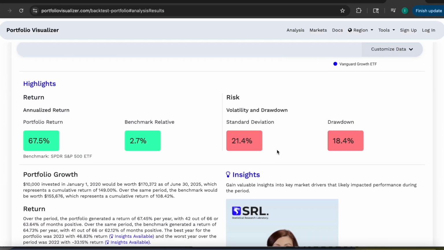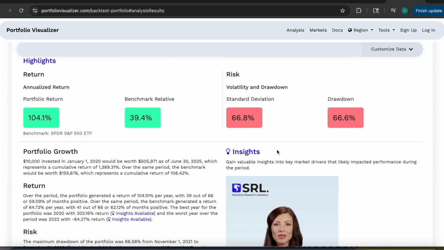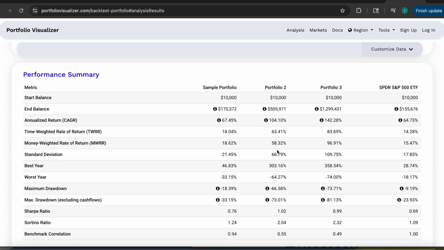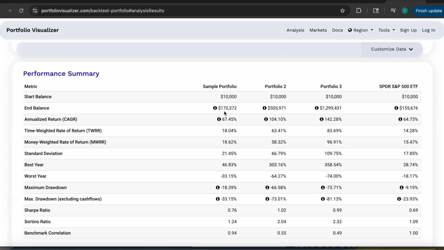It gives you something like this, where you can see VUG, you're sitting on 170, Bitcoin, you're sitting on $500,000, and MSTR, you're sitting on $1.3 million. And on the right hand side, the S&P 500 would have given you about 155, 160,000, roughly speaking. And you can see all the numbers here.